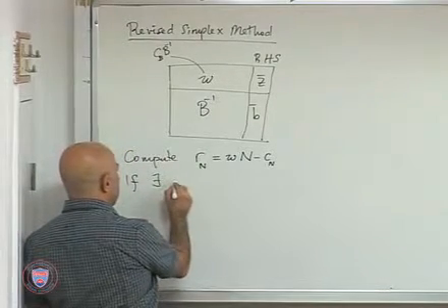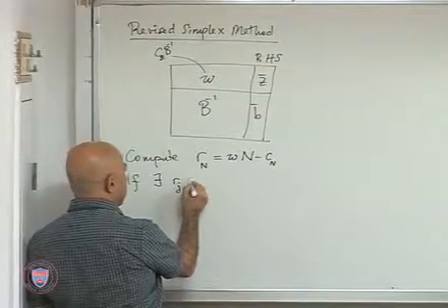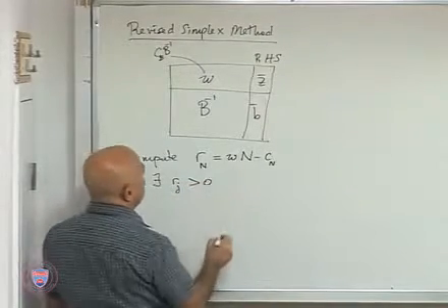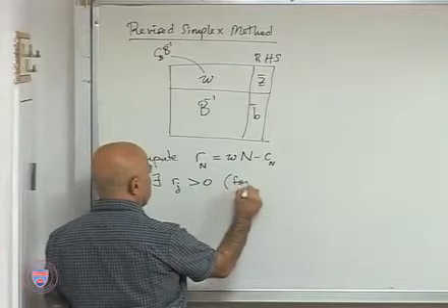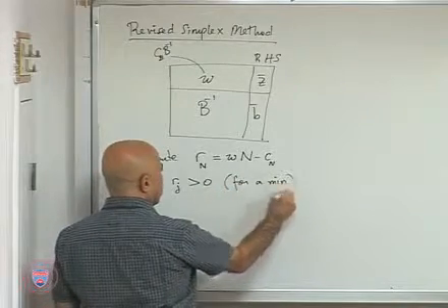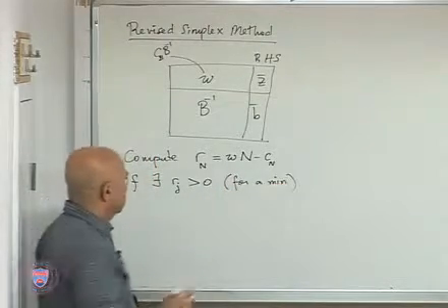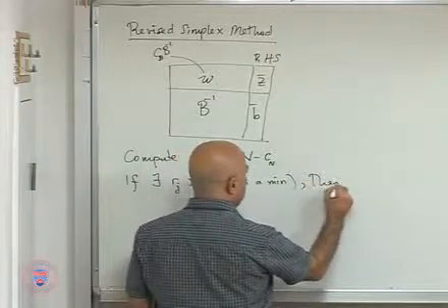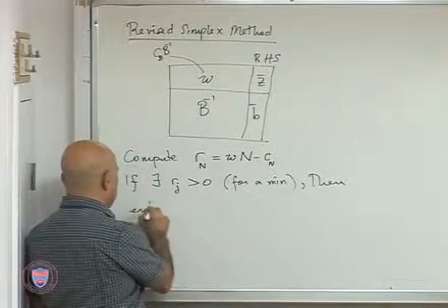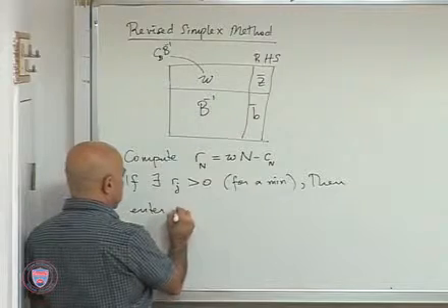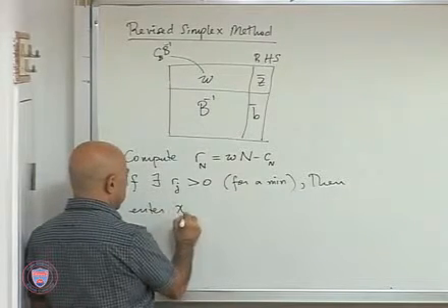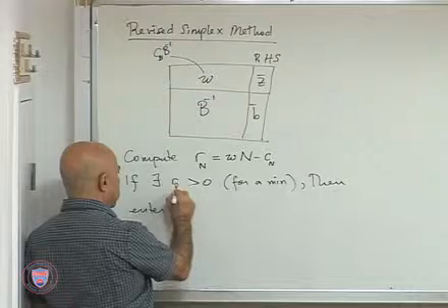If there exists some Rj which is positive, again for a minimization, or negative for a maximization, then enter that variable. Let's make this k. Okay.